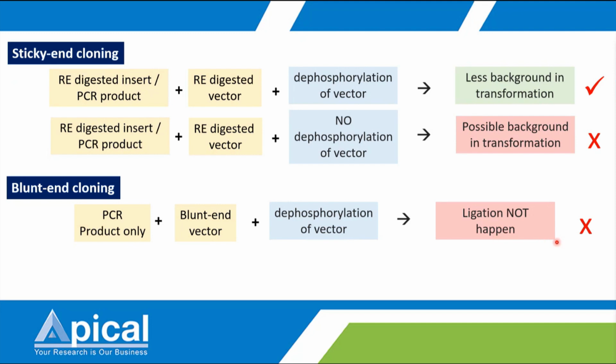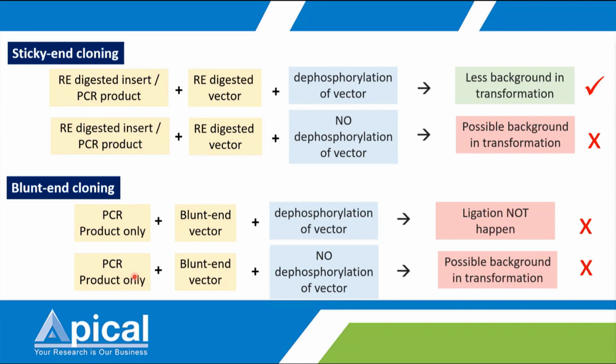It means ligation will fail, cloning fails. But if you do not dephosphorylate your vector, then there is a possibility of background in your transformation, so you may have some false positive colonies.